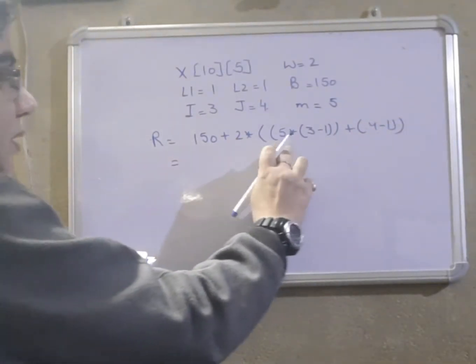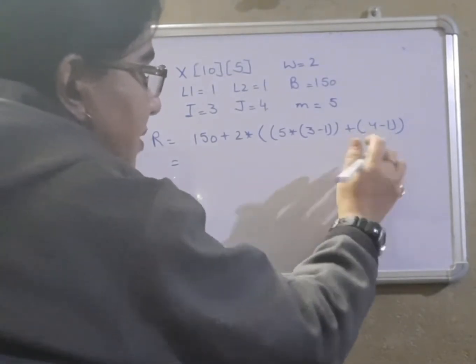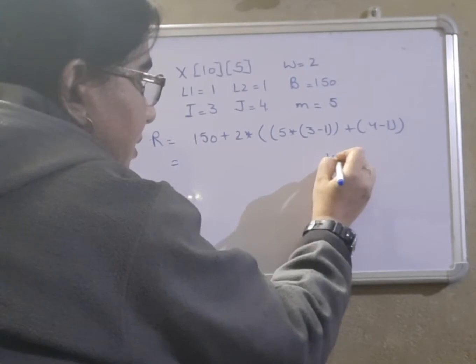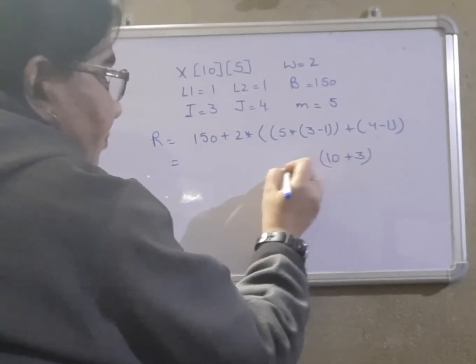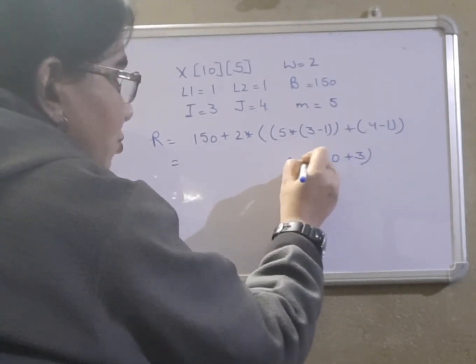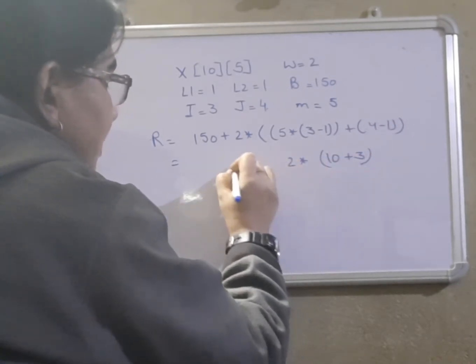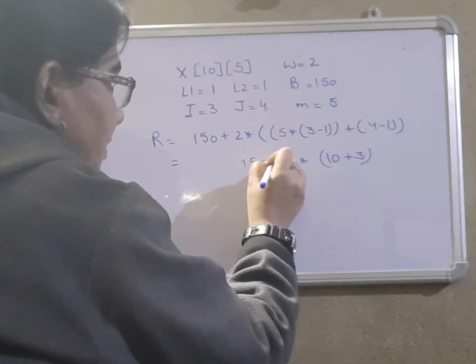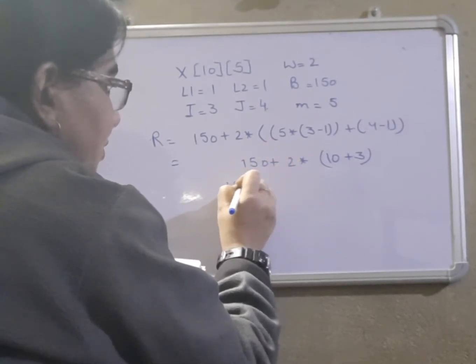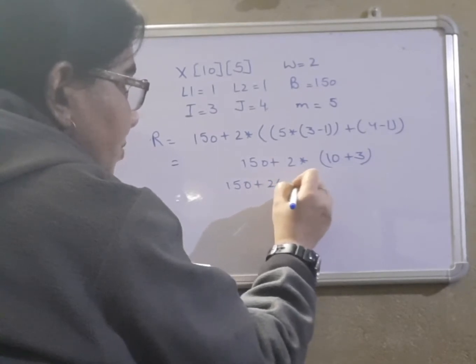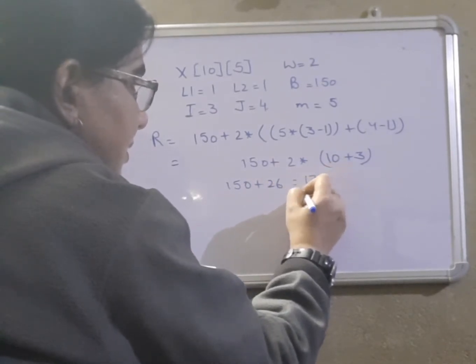Now if we calculate this, first we will calculate the inner part. This is 3. This is 2 into 5 is 10. This is 2 into, this becomes how much? 13 into 2 is how much? 26. And this is 150 plus 26, which becomes 176.